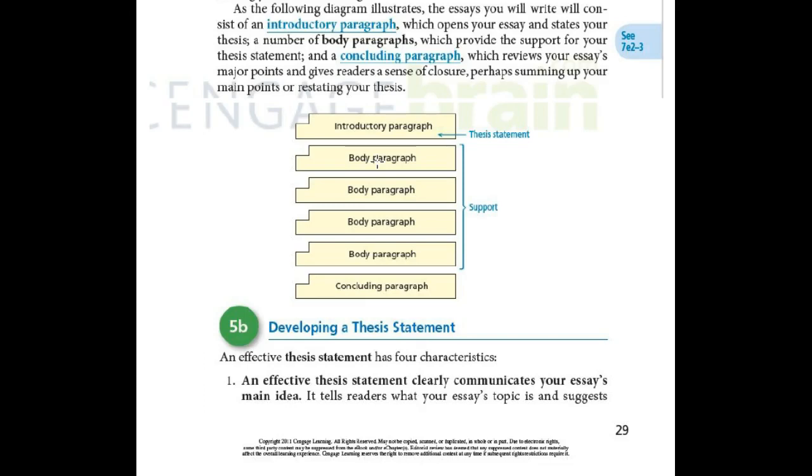And so I would actually go through and figure out what my 3 supporting pieces of evidence were.